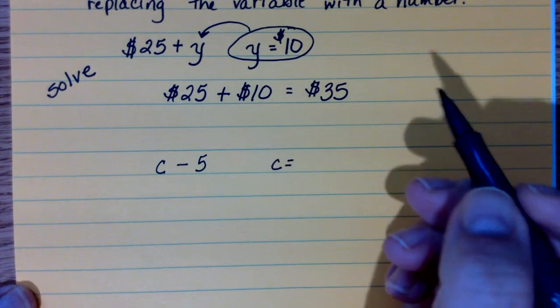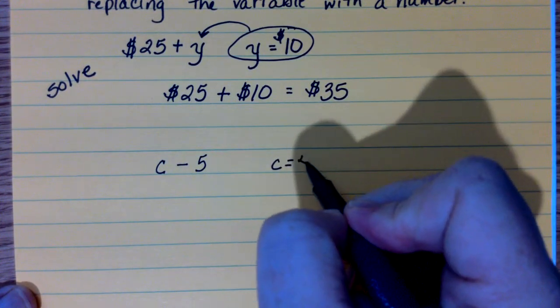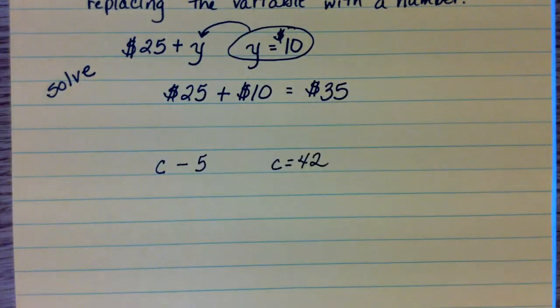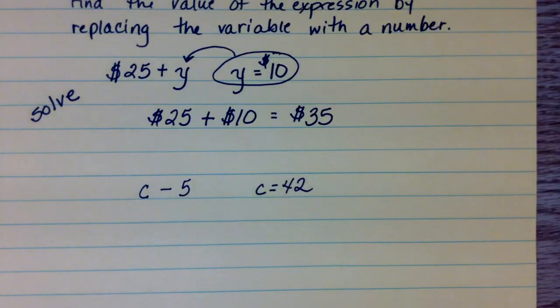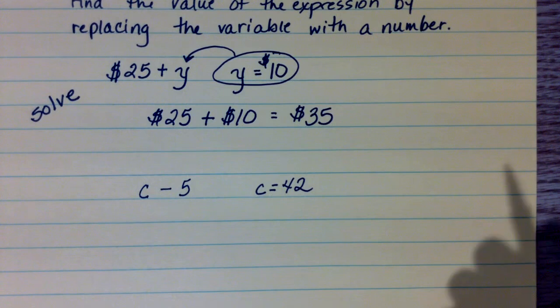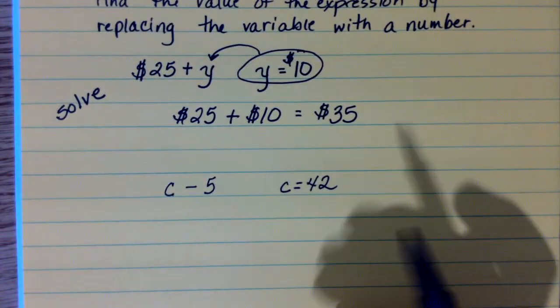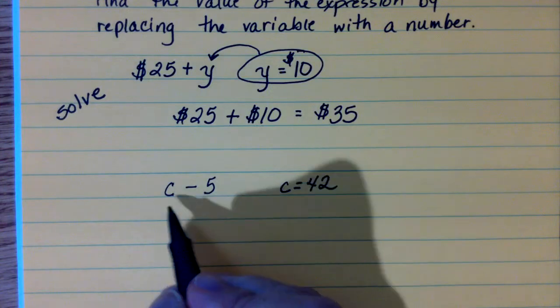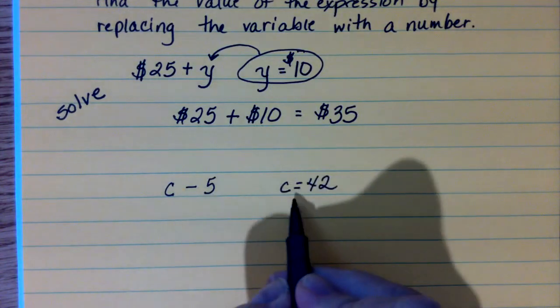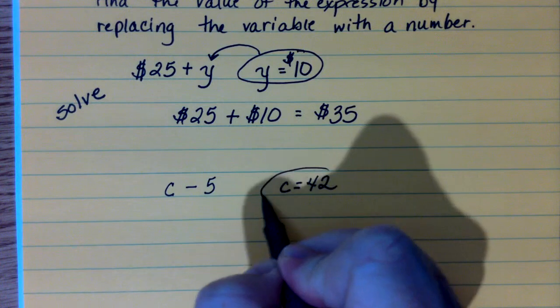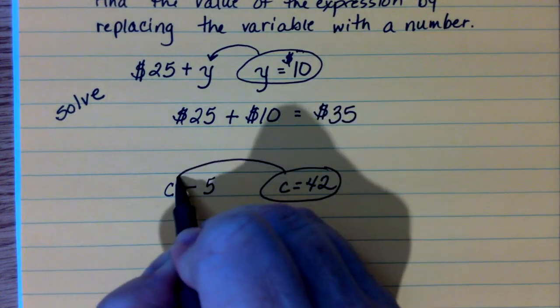So your C is going to be 42. All right, so if the number of pieces of candy was 42, then we would have C minus 5. We're going to replace the C with 42.